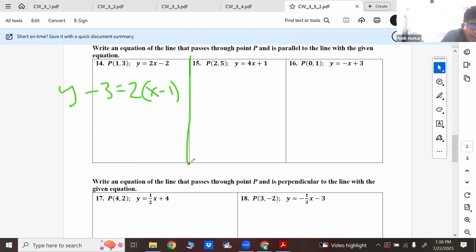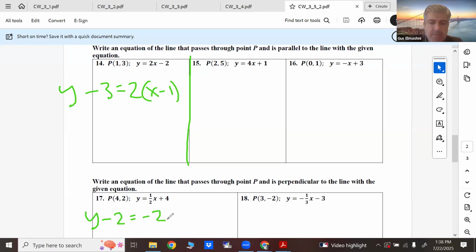I just write the equation. You just want me to write the point slope form equation? Exactly right. And then for 17, you do y minus 2. So yeah, just going to do the other ones here.